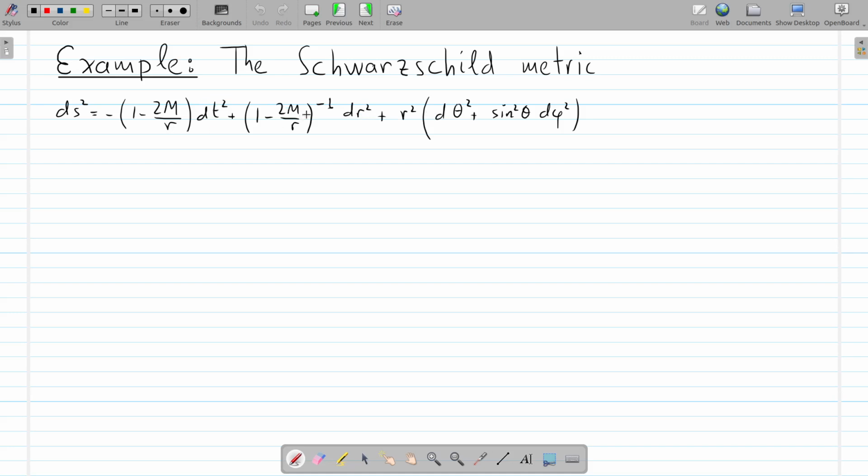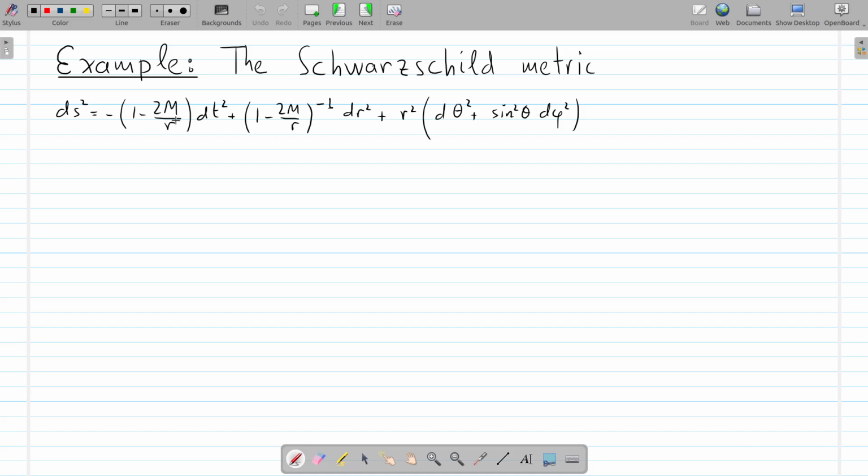If we are very far in the so-called asymptotically flat part of space-time, then you see that r, theta, phi are nothing but spatial coordinates of flat space in spherical coordinates.